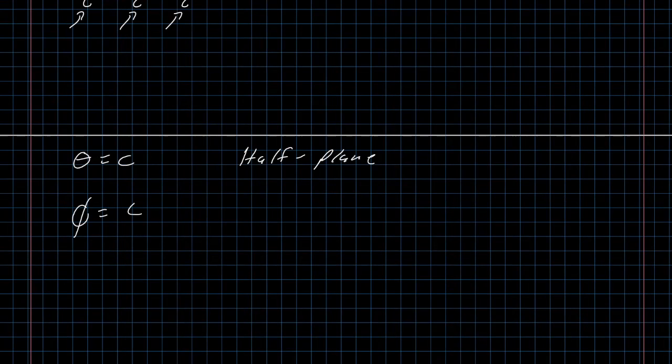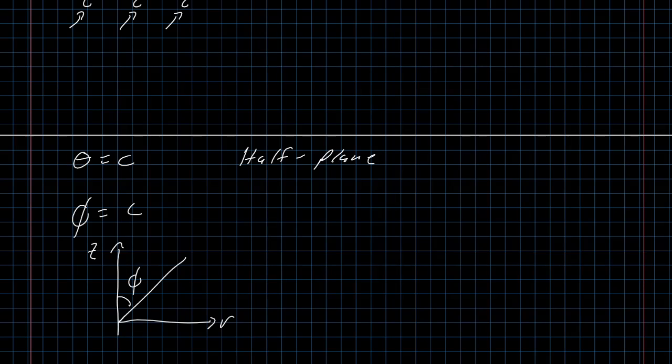Phi being some constant is where things get a little bit trickier. Well, instead of thinking about this in spherical coordinates, as I have been discussing for some time, we can take this idea of a constant value of phi and set it into cylindrical coordinates, where I think it's a little bit easier to understand what's happening. So we set our angle phi, and it's a fixed value.